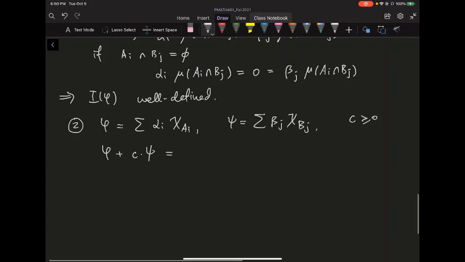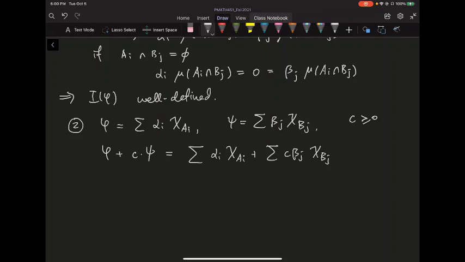It can be written as the summation of alpha_i chi of A_i plus the summation of c times beta_j chi of B_j. This is just one of many ways of representing this linear combination.